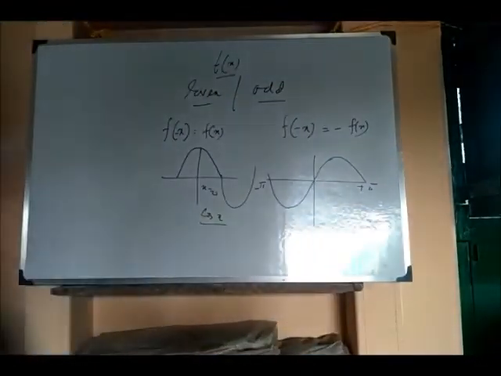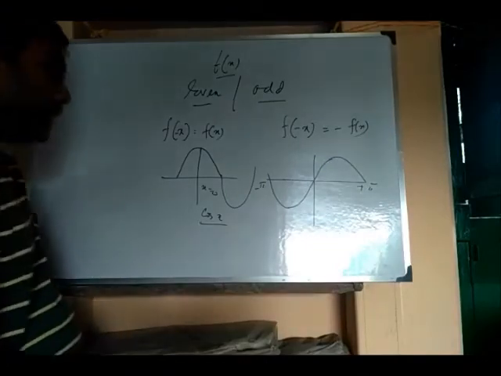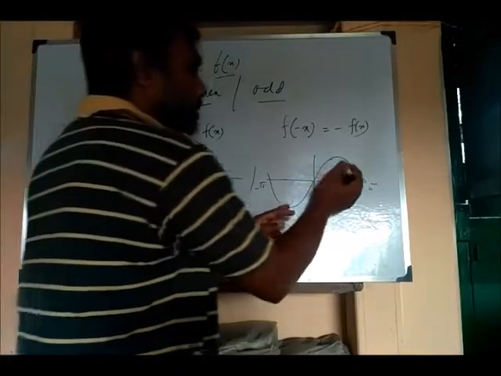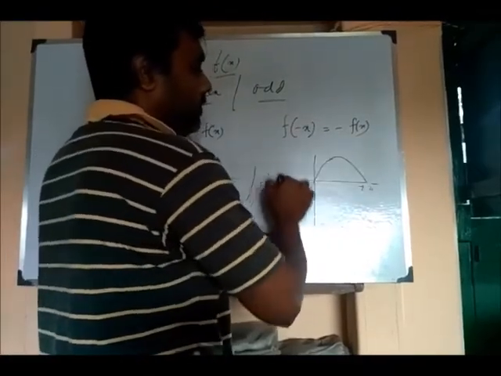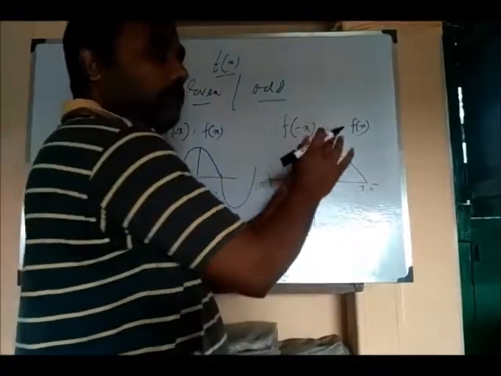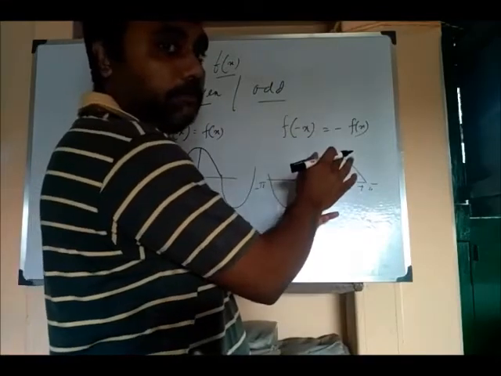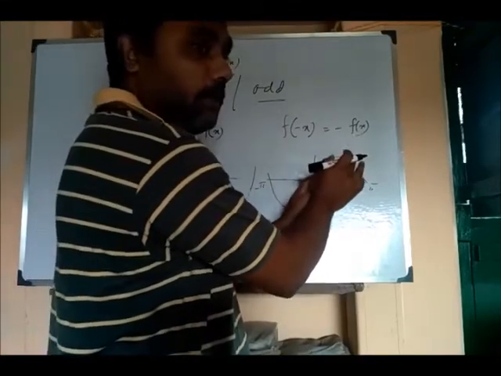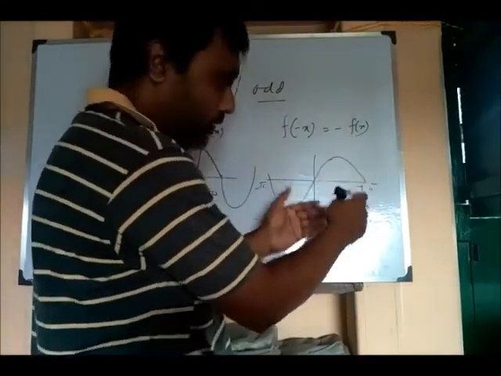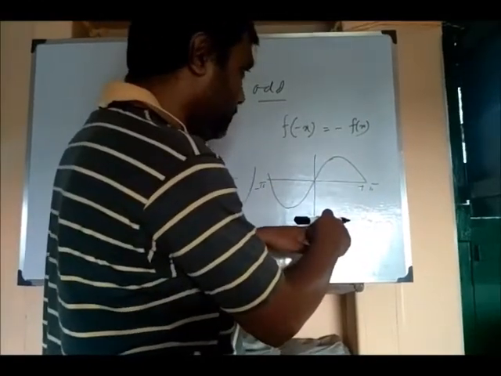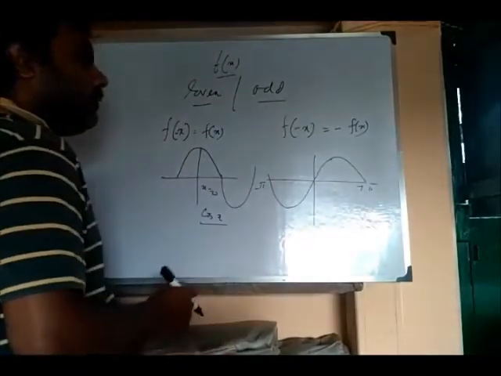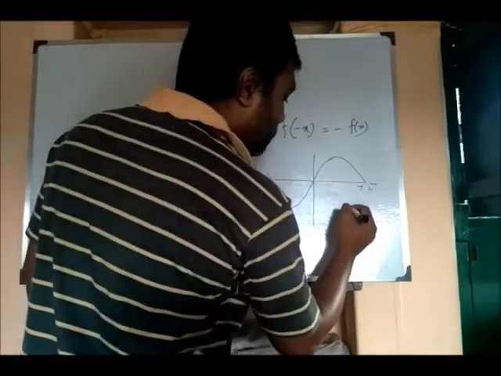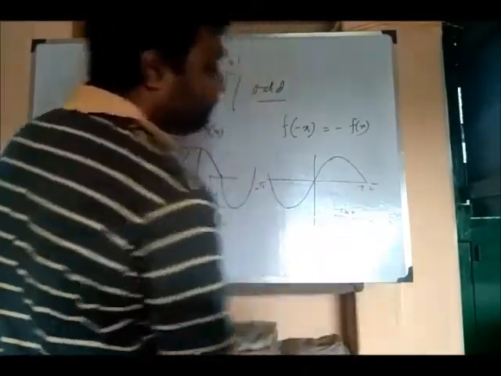What you get is just the reverse direction of this wave, but the nature of the wave remains the same. The nature remains the same, but the wave reverses itself. So that is an odd function. An example is sine x.